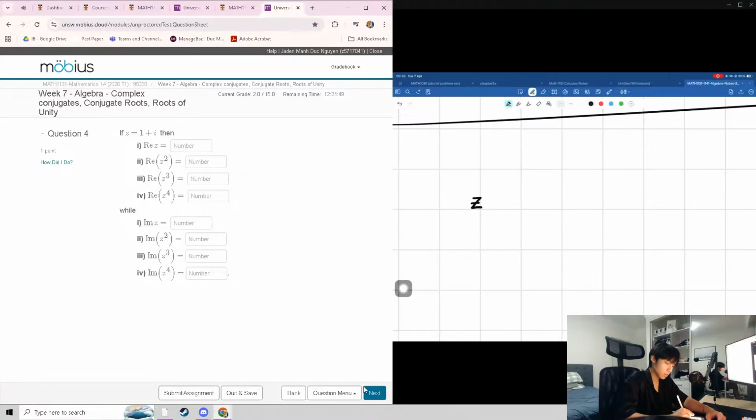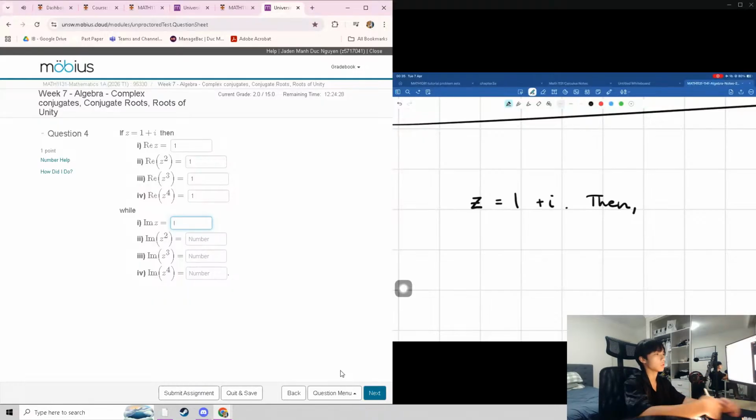Z is equal to 1 plus I. Then, oh, okay. Minus 1. Sorry, 1, 0.